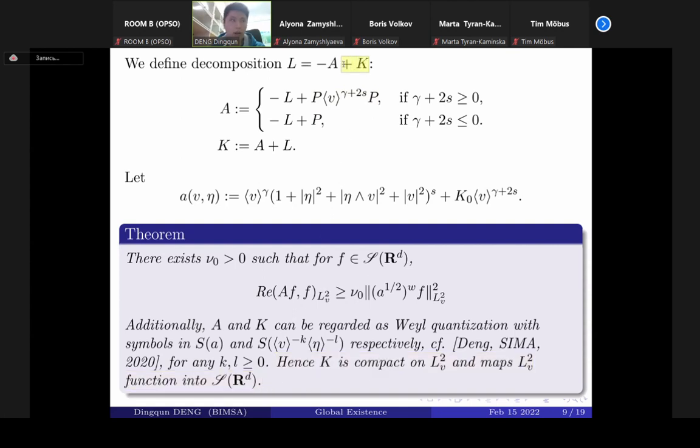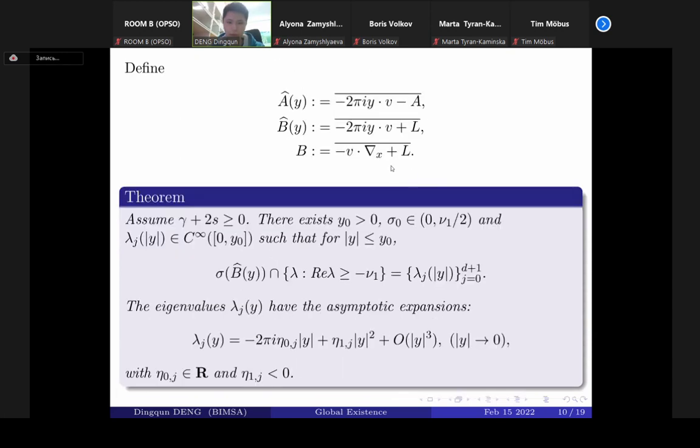By using the bounded perturbation, we can prove that L generates a strongly continuous semigroup, because A generates a contraction semigroup and K is bounded.